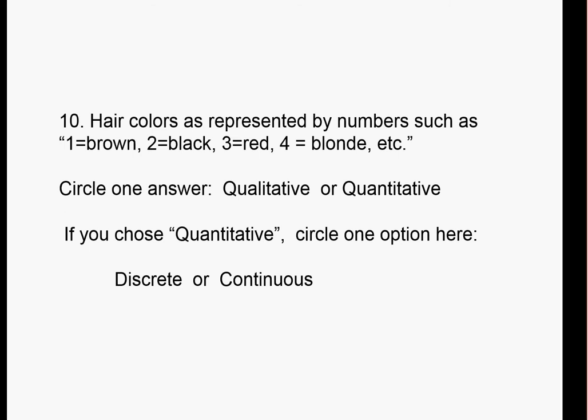So that kind of comparison is meaningless. In the same way, you cannot add up those numbers to come up with an average hair color for a group of people, and this type of calculation is simply absurd. So hair color as represented by numbers is still a qualitative variable.